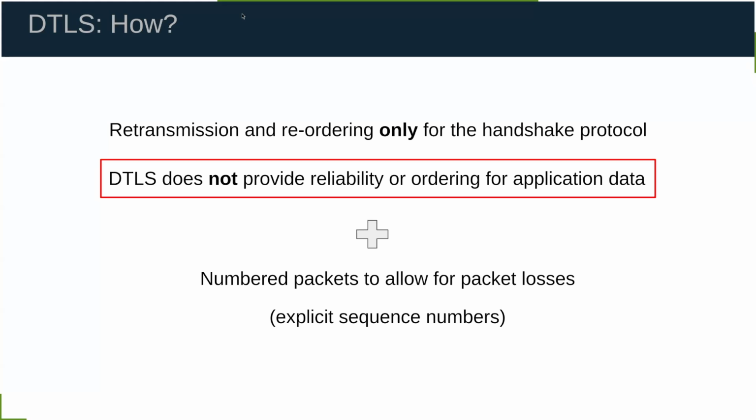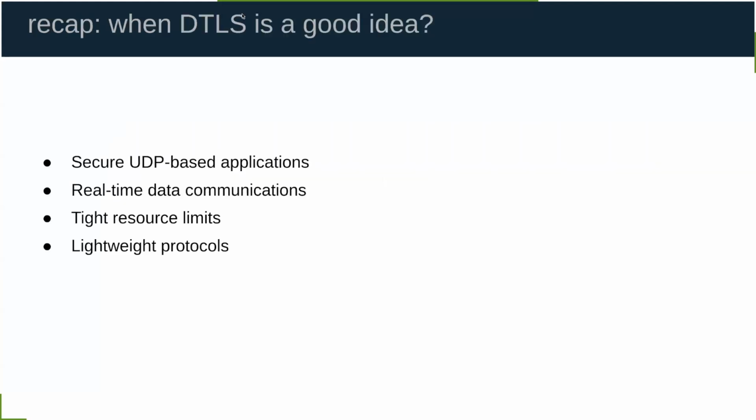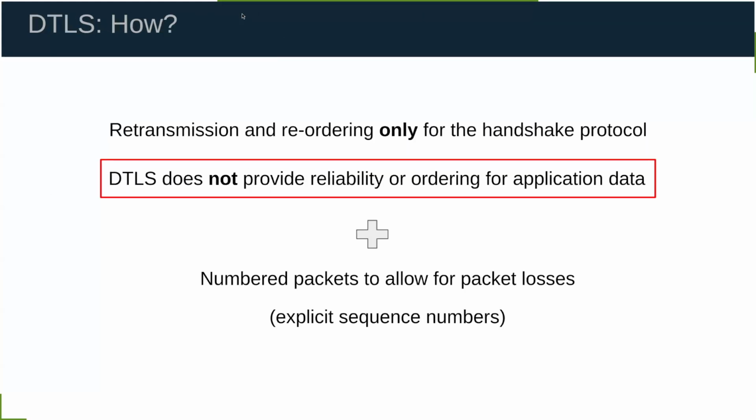So on top of implementing retransmission and reordering, DTLS also adds the sequence number into the packet itself. So we can lose some packets and still be able to decrypt the message. These are the two main differences between TLS and DTLS, basically, at a very high-level overview.